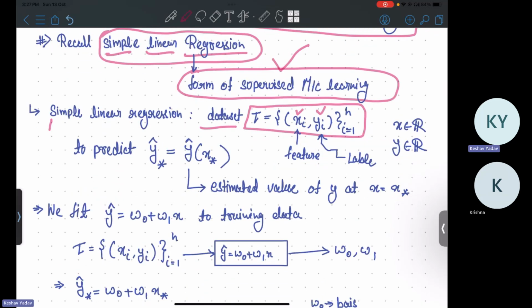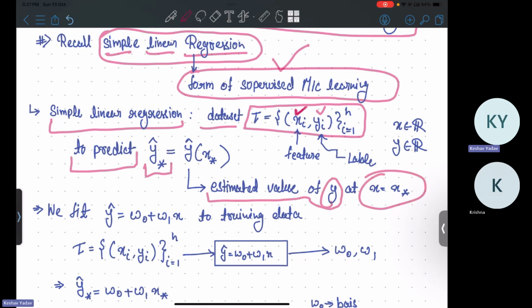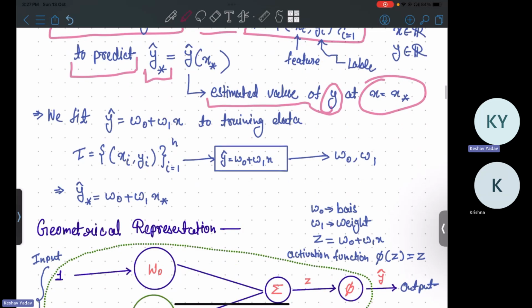So what we do in simple linear regression: we have the data set tau, where we have n points, and based on this data set we want to predict y hat star, which is the estimated value of y at x star. How do we do that?